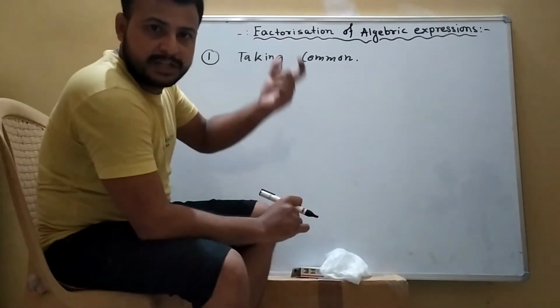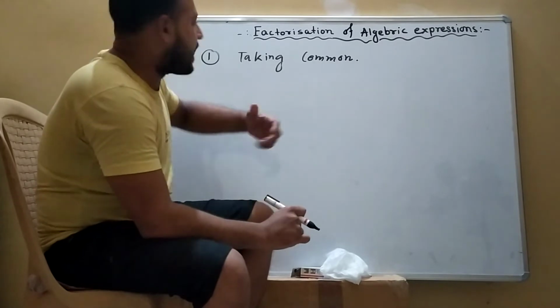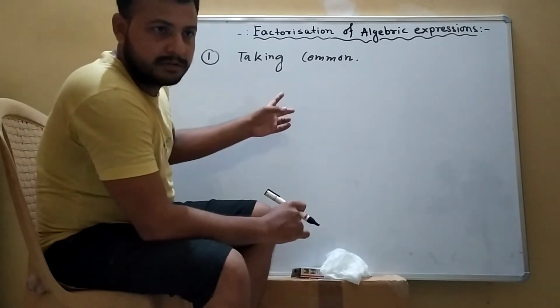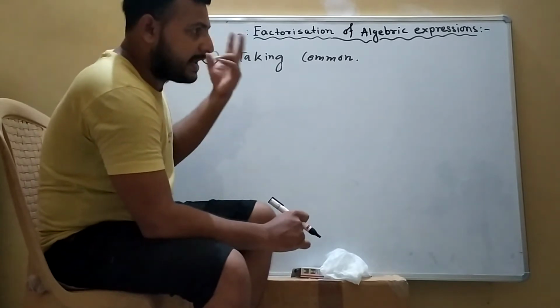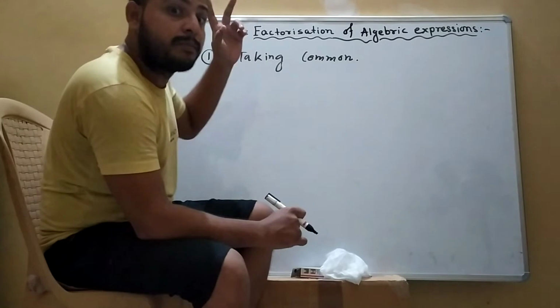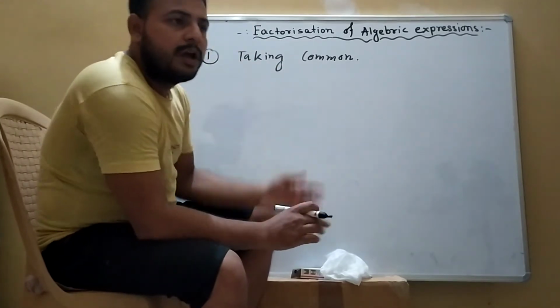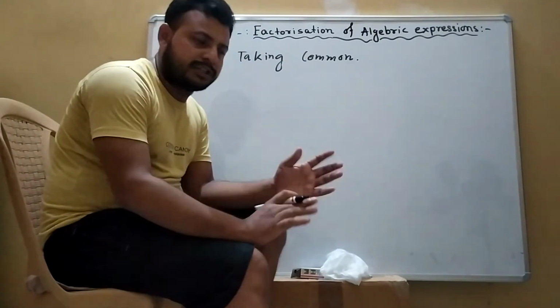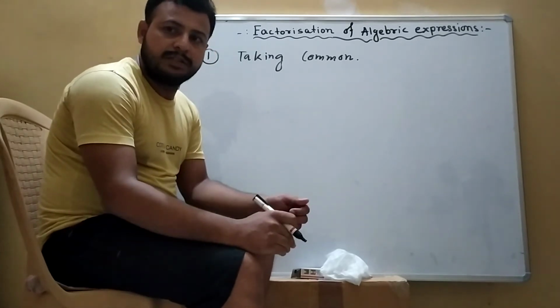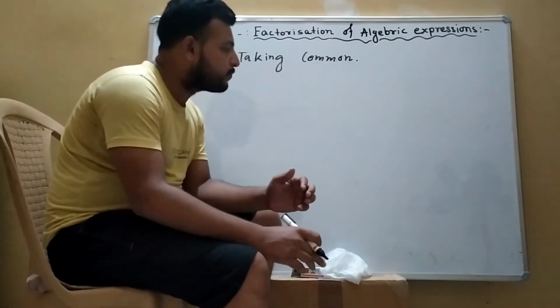Any algebraic expression is there, you have to try whether we can take anything common. If you can take something common, you will take common from all the terms. Now I think you know about the terms, the coefficients, the variables, the constant.